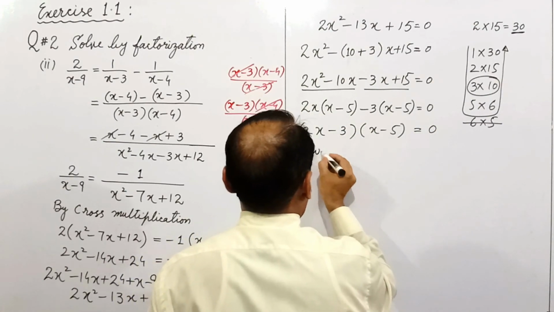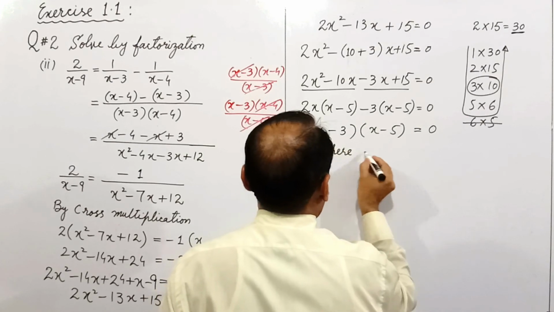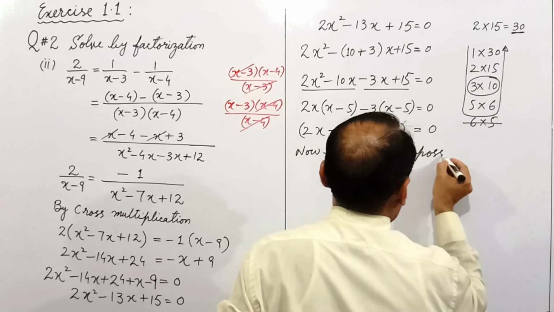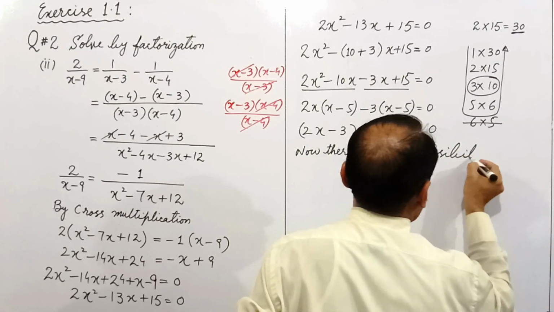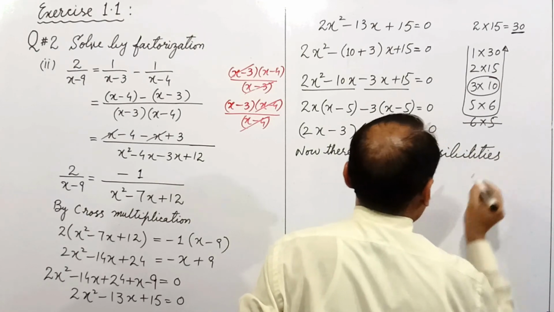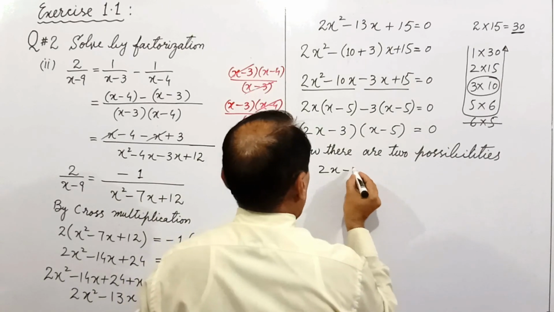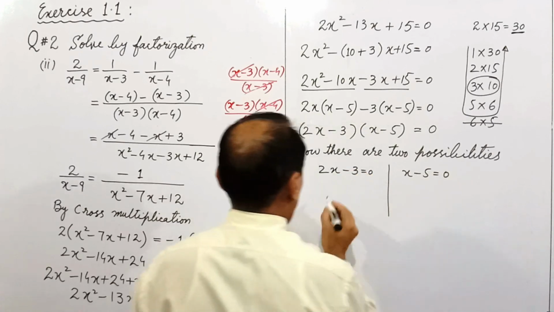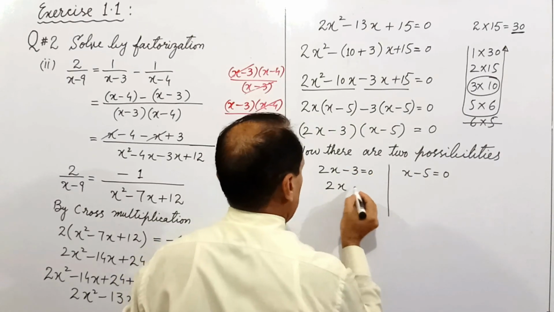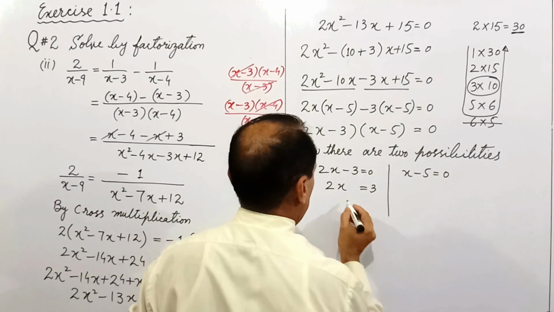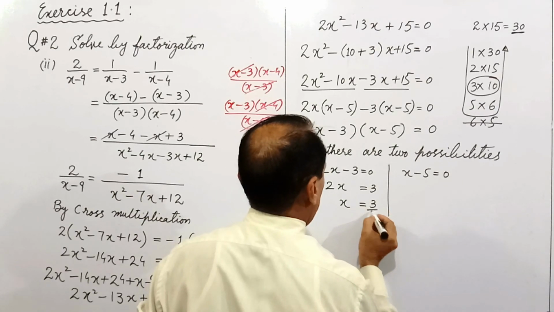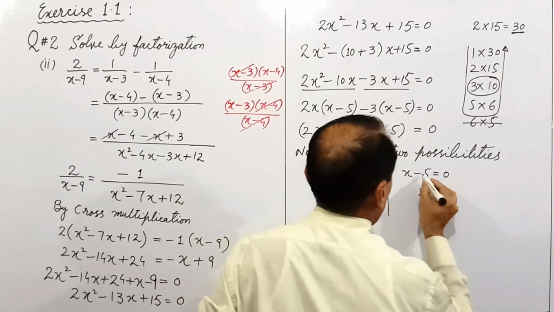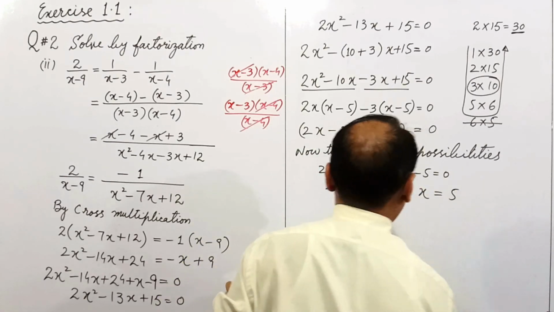Now there are two possibilities. 2x minus 3 is equal to 0, x minus 5 is equal to 0. 3 is taken to the right hand side, 2x is equal to 3, 2 is taken to the right hand side and becomes the denominator, and for the second option, x minus 5, 5 is taken to the right hand side, it becomes plus 5.